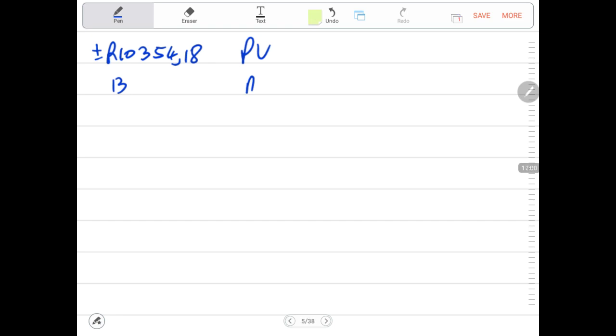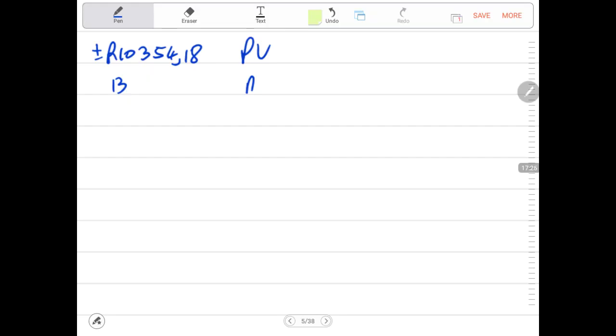We don't divide by 12 because it is compounded monthly. So how many times will the interest be compounded over the period of 13 months? It will be 13 times.